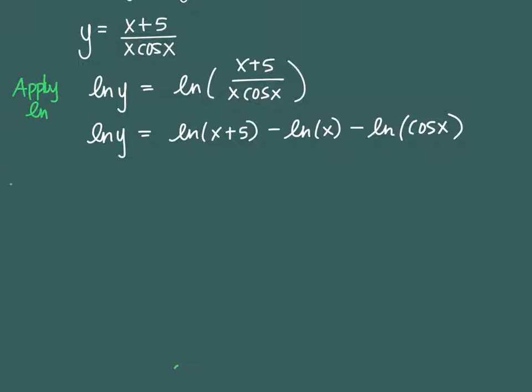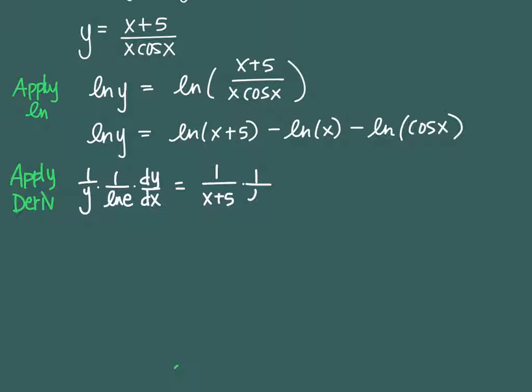Then we apply the derivatives. And because each piece of these has an ln, they're all going to be 1 over, and then 1 over, and then 1 over. So the natural log of y has the derivative 1 over y times 1 over ln e times dy dx. The natural log of (x plus 5) has the derivative 1 over (x plus 5) times 1 over ln e times 1, because the chain rule happens to be 1.